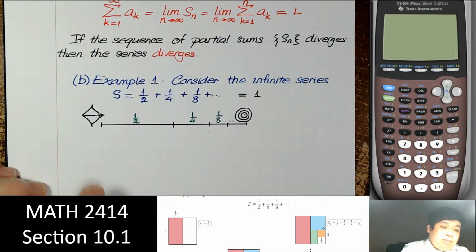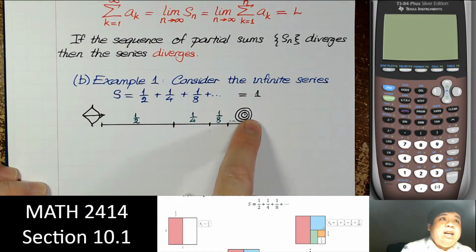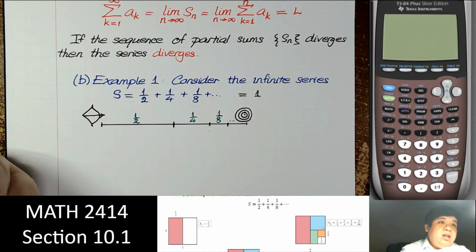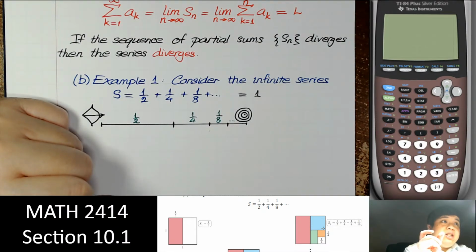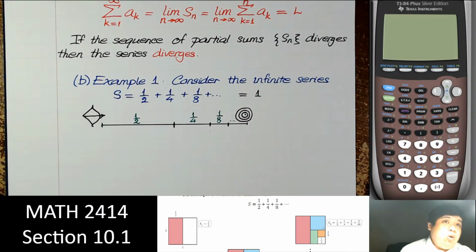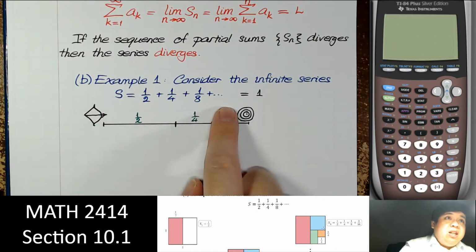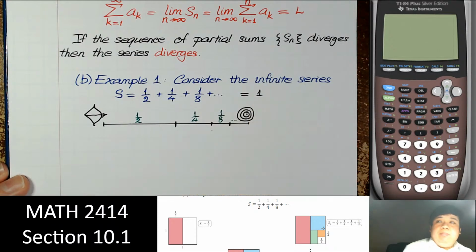So in a sense, the arrow cannot hit the target, because no matter how close it is, no matter how small the distance is, you can always cut that in half. But of course we know that is not true. If we add this indefinitely, it is equal to 1.